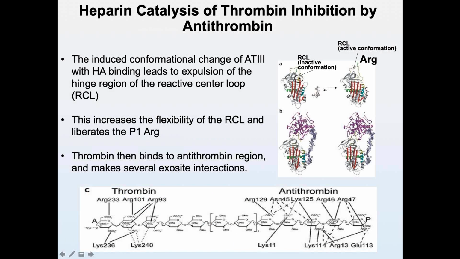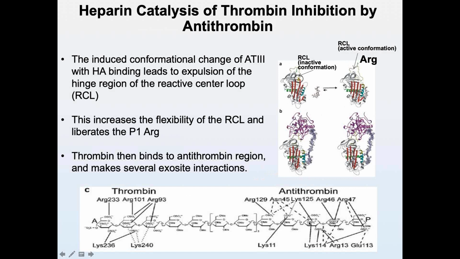Once it binds to the pentasaccharide, it assumes an active conformation, which is able to bind to the thrombin, and then parts of the rest of the heparin also bind to the thrombin, which then leads to inactivation of the thrombin. So these are the specific interactions between the thrombin and the antithrombin.